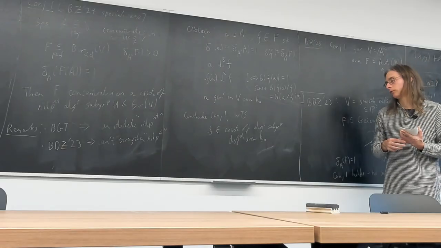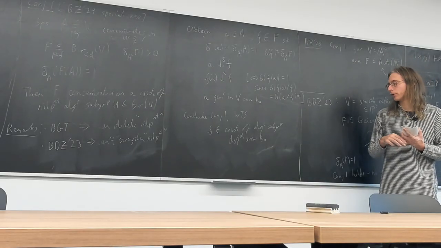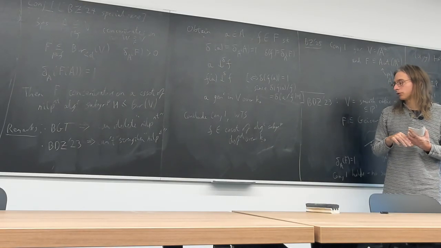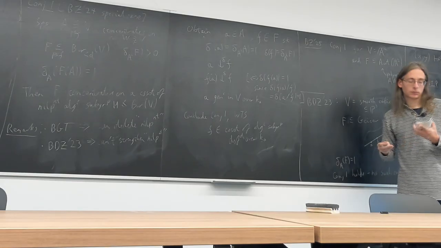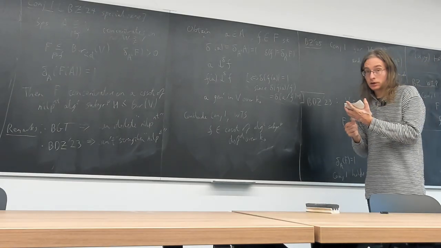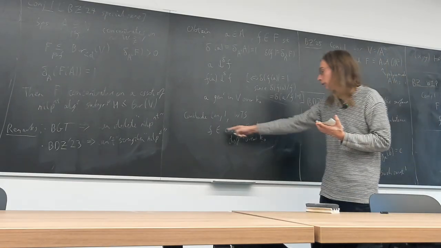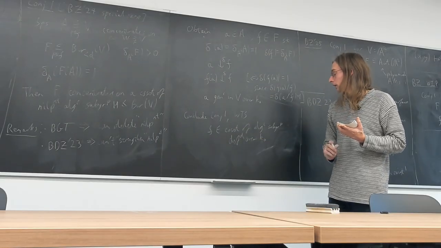Or in other words, the locus of F over K0 is contained in the coset. Okay, so this is now our aim. We just want to find F in a coset.